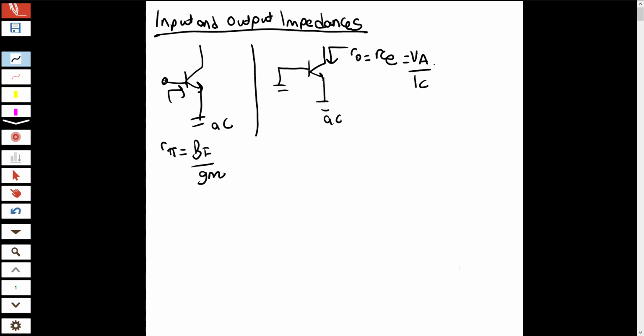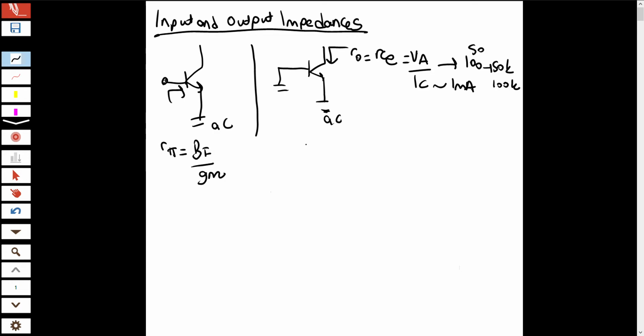If you think I_C is 1 milliampere and V_A is like 50 or 100 volts, it makes 50k or 100k, which is large compared to other elements of the circuit, so we always neglected it, but from now on we will take it into account.